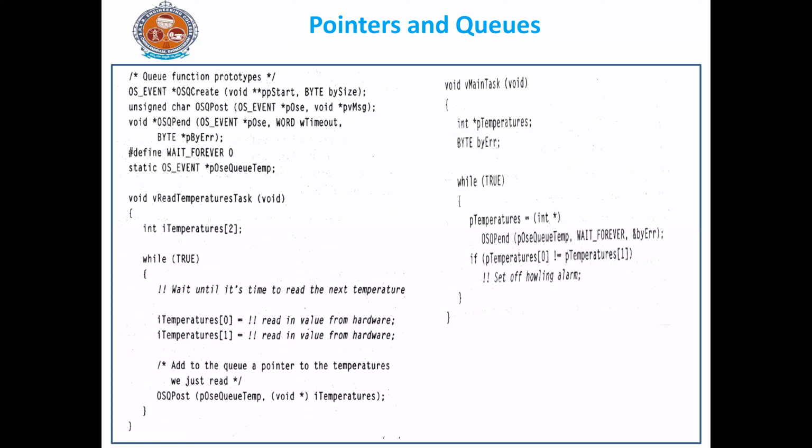When the main task gets a value for p temperatures from the queue, p temperatures will point to the I temperatures array in the vread temperatures task. If the RTOS switches from the main task to the vread temperatures task while the main task was comparing the temperatures, and the vread temperatures task changes the values of high temperatures, then again we have the shared data bug.